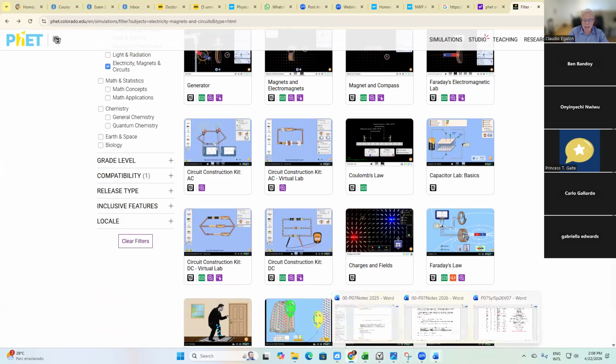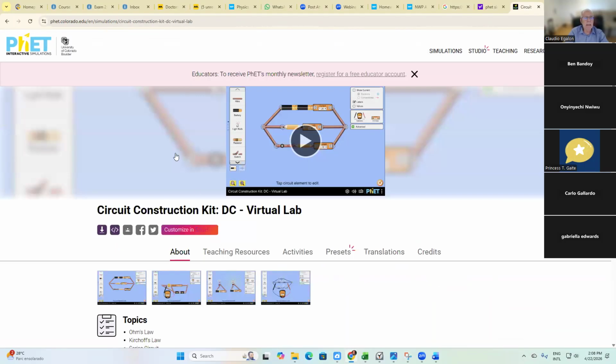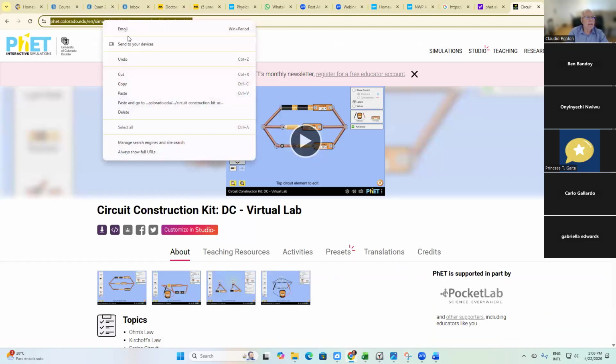Electromagnetic what? Induction, electromagnetic induction. Here's for AC circuits, that's for AC circuits as well. Okay, that's the DC kit. You want to see that as well.